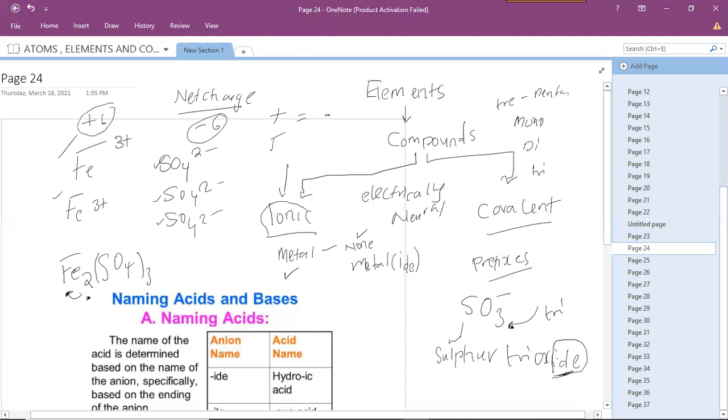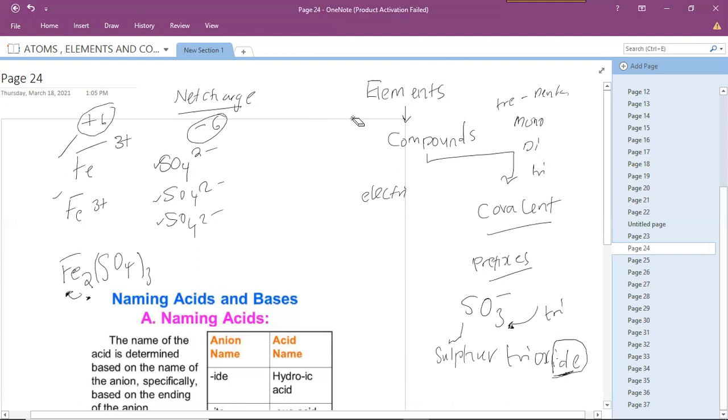So I won't just say, all right, Fe 3 plus, SO4 2 minus, then you cross multiply, then your formula will become Fe2(SO4)3. It does work, yes, but what I want you to understand is why are we cross multiplying? Let me just explain this once more.